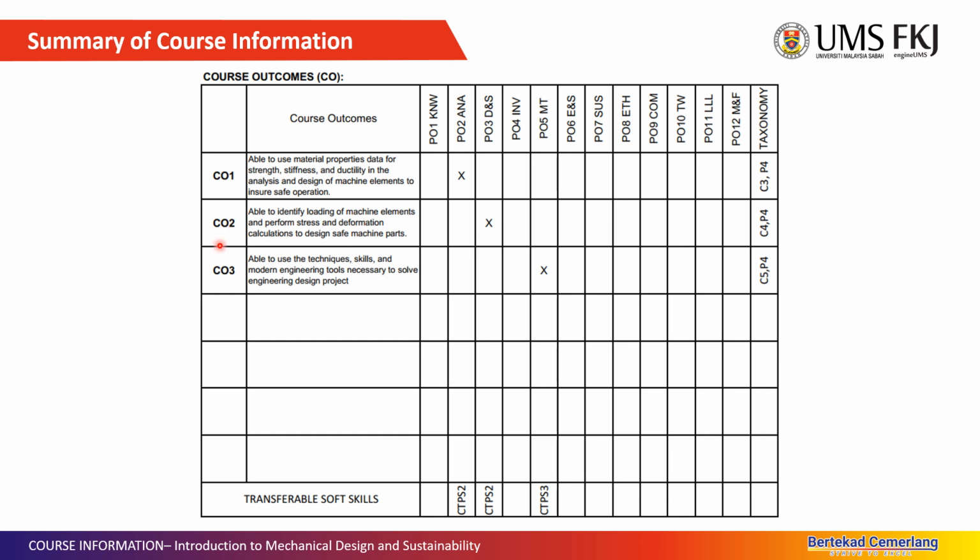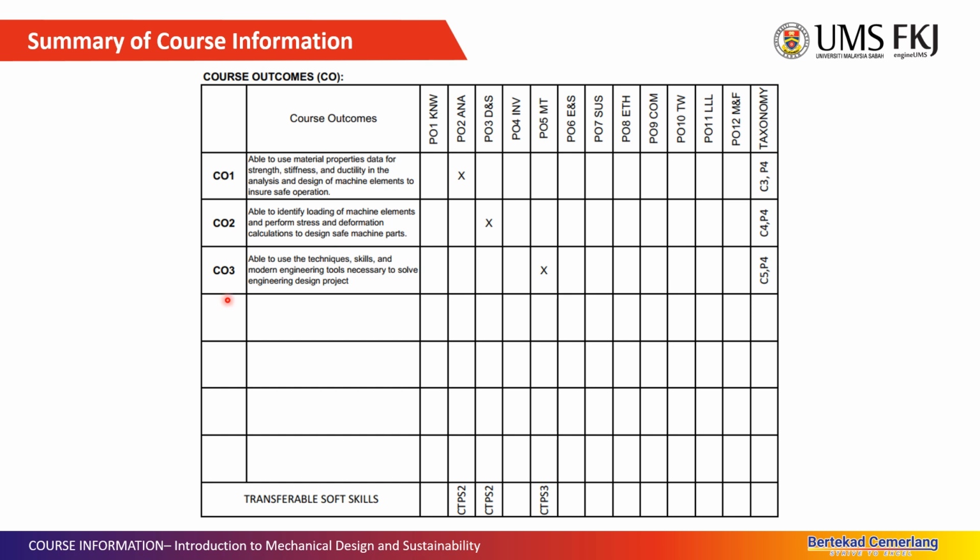While for CO2, you will be able to identify loading of machine elements and perform stress and deformation calculation to design safe machine parts, mapped to PO3, taxonomy C4P4, and soft skill CTPS2.